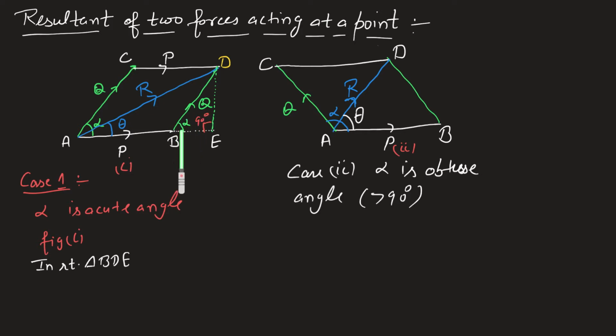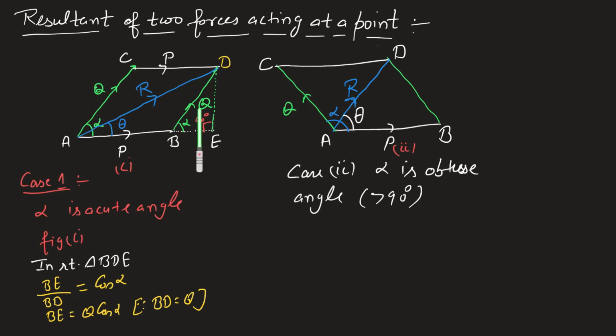So what will be this ratio? BE upon BD, which is nothing but cos alpha, but BD is nothing but Q. So this will be cos alpha, because BD is nothing but equal to Q, it is very much clear.